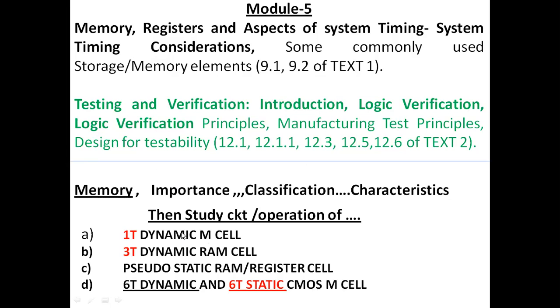So we have some predefined questions. Explain the circuit and operation of the one transistor dynamic memory cell, as well as the 3 transistor dynamic RAM cell. Then the pseudo static RAM or register cell, and the 6 transistor dynamic and 6 transistor static CMOS memory cells.